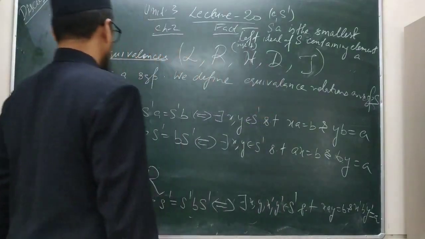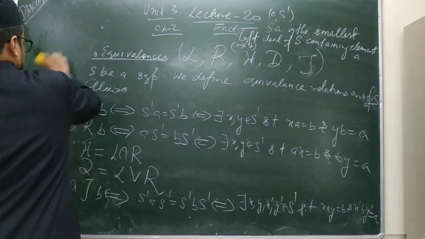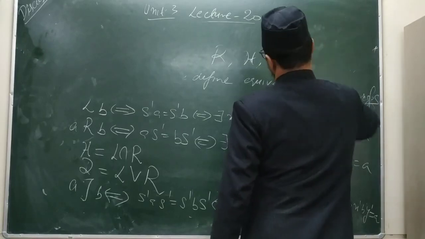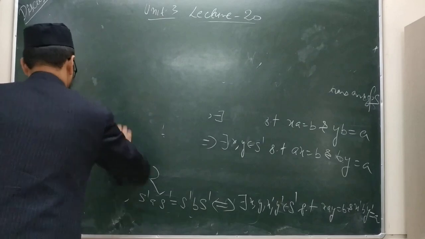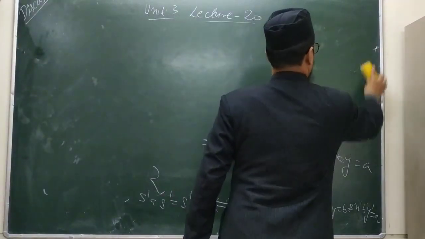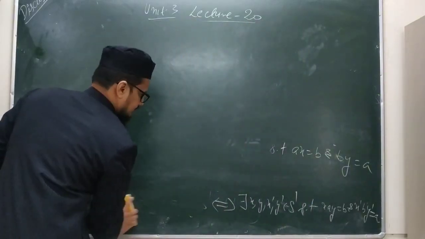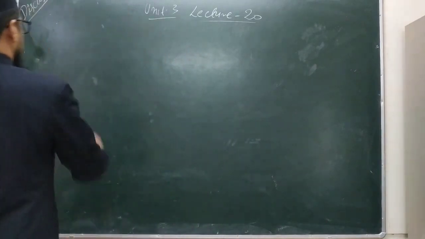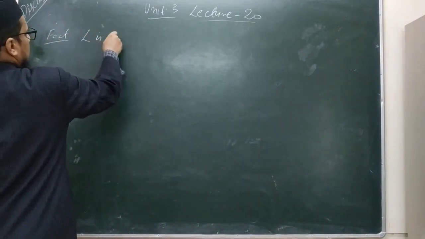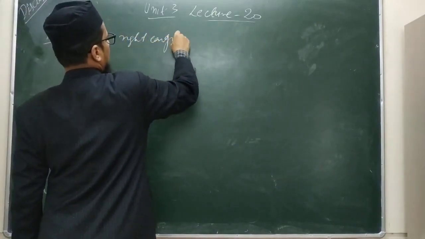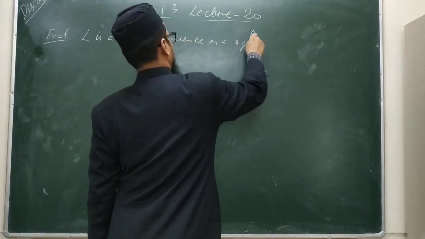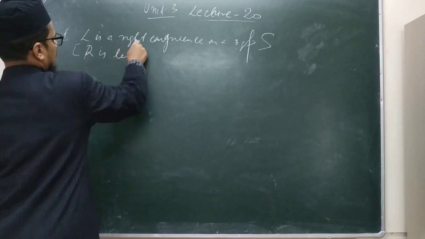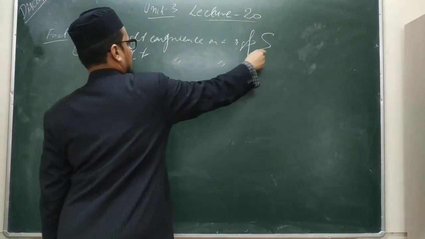Before this, there is a fact that L is a right congruence on a semigroup S, and its dual part, R, is a left congruence on a semigroup S.